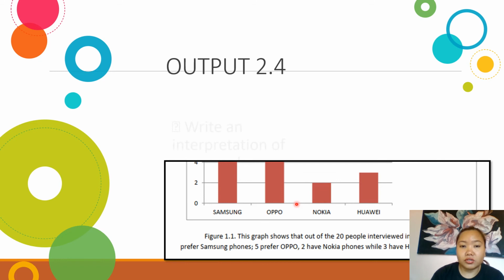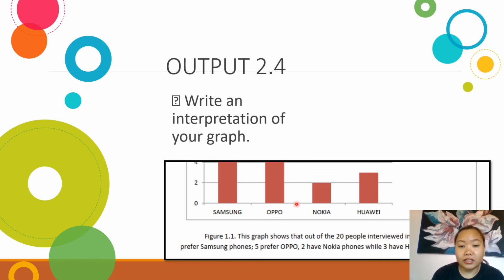Okay? So after that, once you've drawn the graph, you will write an interpretation. No? So I just put figure 1 as an example only. So this graph shows that out of the number of people you interviewed, this is the result.